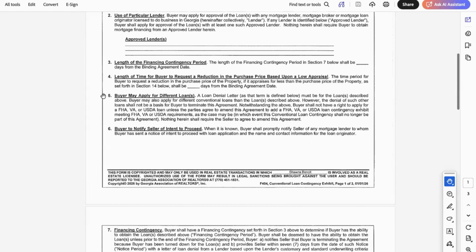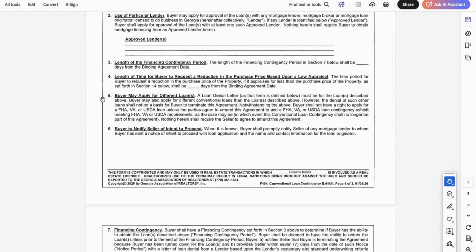5. Buyer may apply for different loans. Buyer may apply for other conventional loans, but denial of these other loans cannot be used to terminate. Buyer may not switch to FHA, VA, or USDA financing without amending the contract.